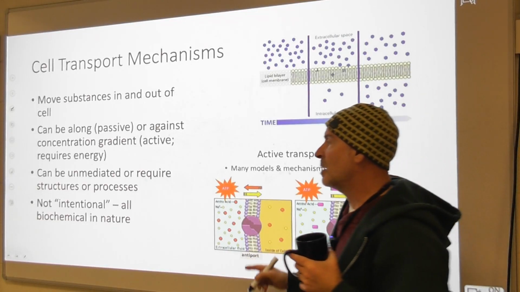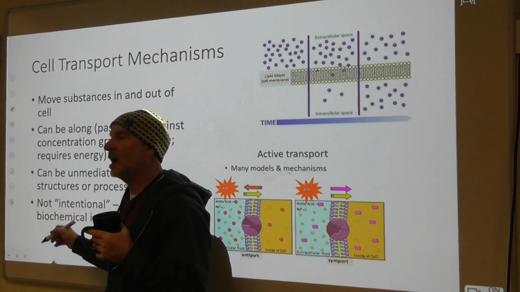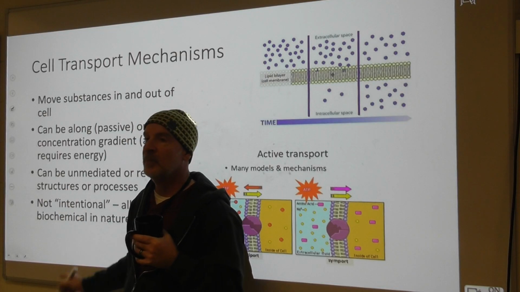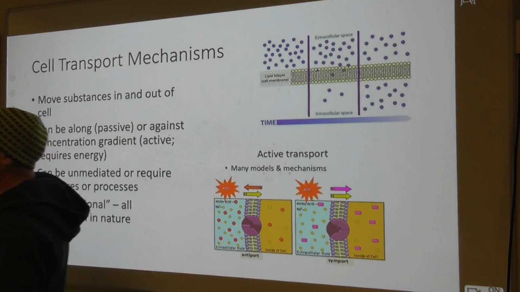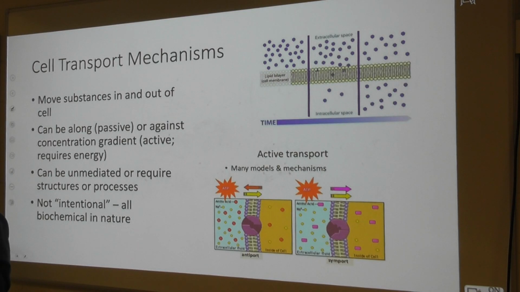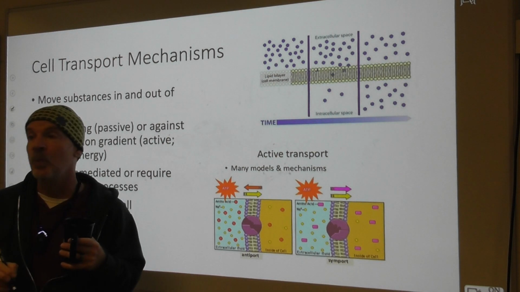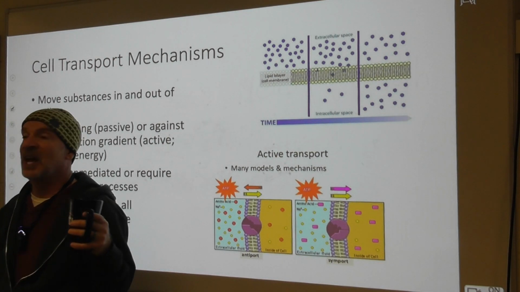And this is something I'll come back to many, many times this year, but this is the thing that blows me away most about cell and molecular biology, is that there is no intentionality to it. It's a bunch of chemical reactions. It's a wind-up toy, so to speak. And the reason I'm mentioning this now is because we're going to start speaking, you may be able to avoid it, but I can't, in terms of what the cell wants, or what the cell needs.